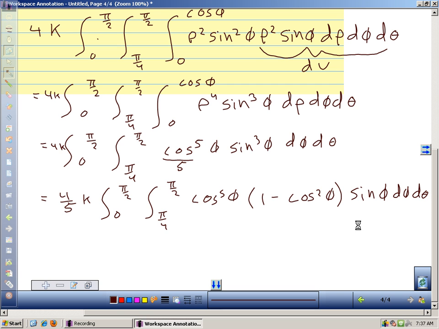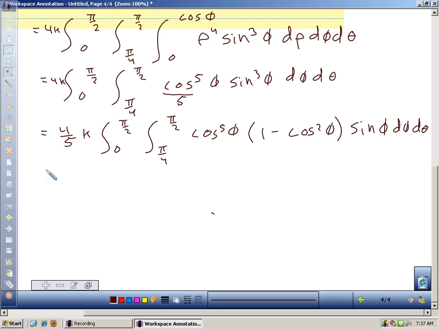Now I have u's, and sine phi d phi is my du for my cosines. If I just multiply through, I have a term with cosine to the 5th and a term with cosine to the 7th, and this is my du for each of those.